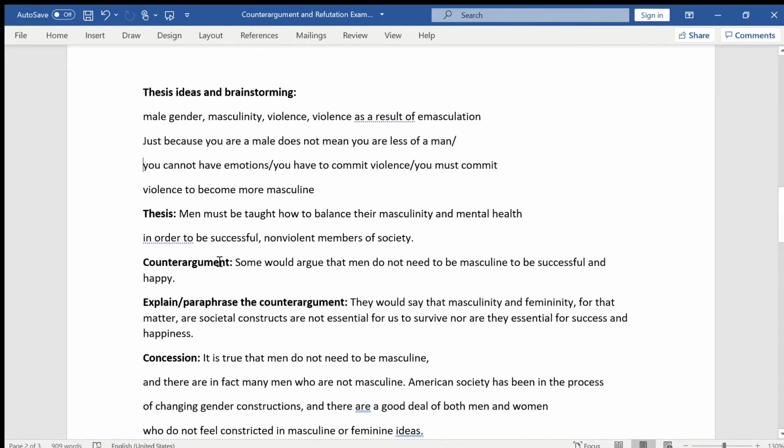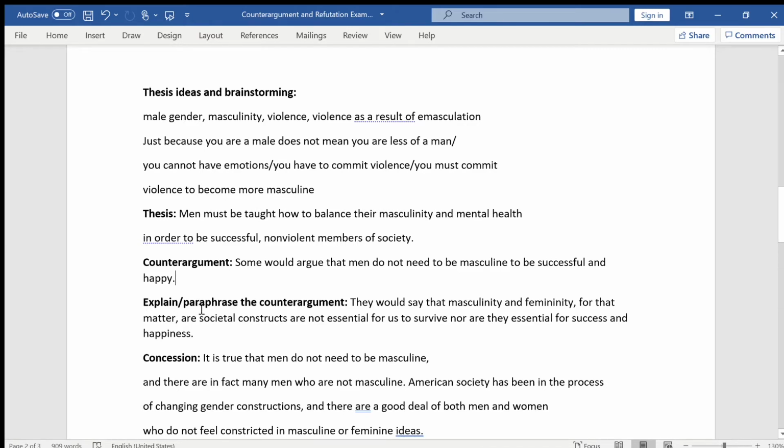So the counter-argument I chose was, some would argue that men do not need to be masculine to be successful and happy. So this counter-argument says that the masculinity part isn't necessary. This part right here where it says some would argue, that's a very common way to start a counter-argument. So if you want to use that as a template, that's a good trick to get you started on the counter-argument.